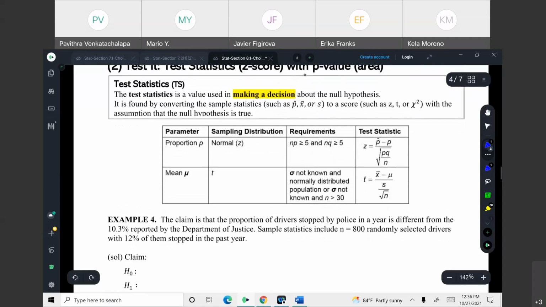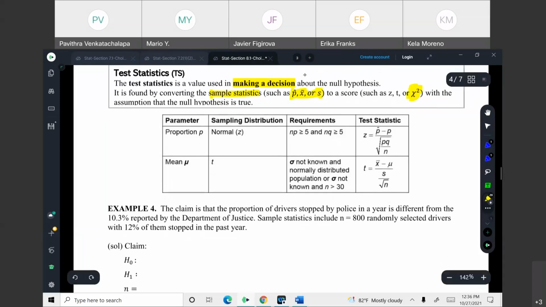Here in test statistics, we are going to convert the sample statistics, that is the p cap, the mean and the standard deviation, to scores, like z-score, t-score, or chi-square. Chi-square is used for variance. Since it is a square, we call that chi-square for variance. We will study about that later.